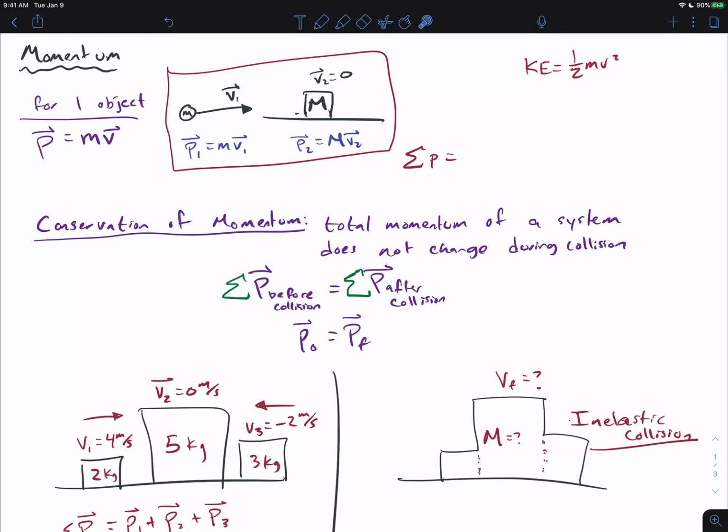Technically this one has zero momentum, but they each have the capacity to have momentum. So if I wanted to find the total momentum of this system, I would just add up each one's momentum: mv1 plus big M v2, and this will be my total momentum, keeping in mind that the second term would be 0 because my v is 0.